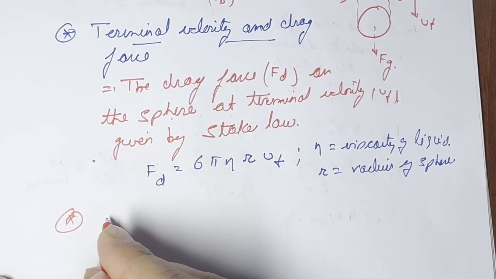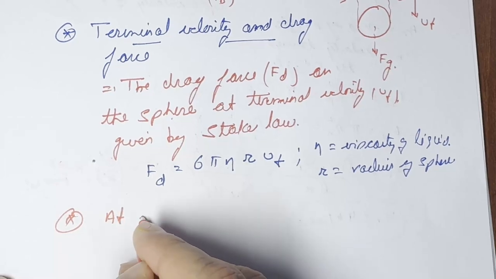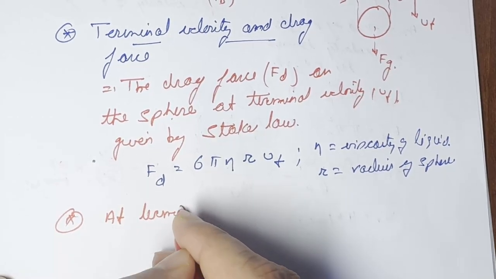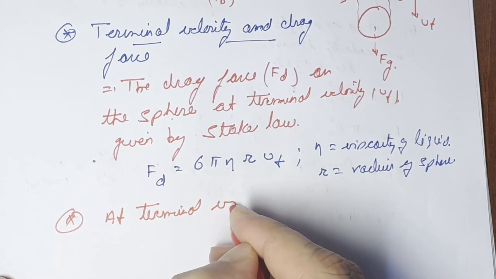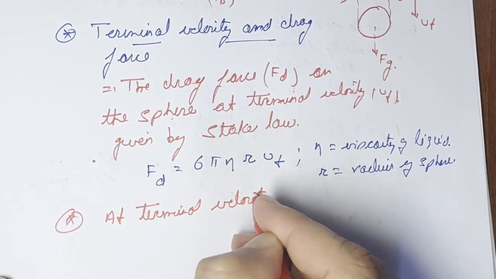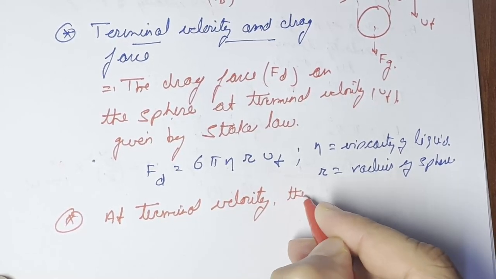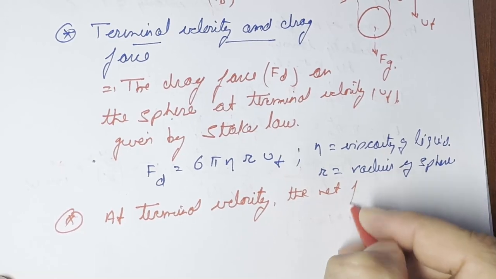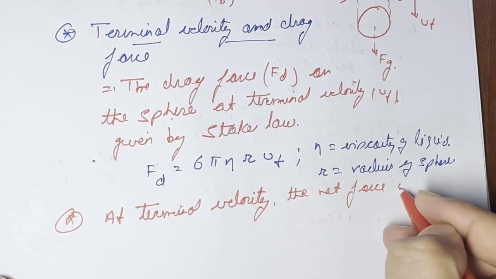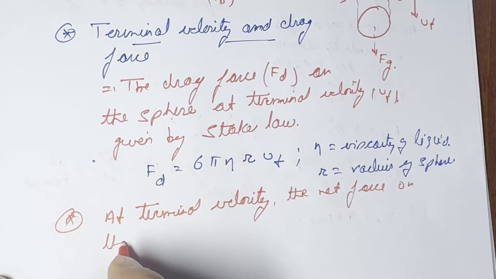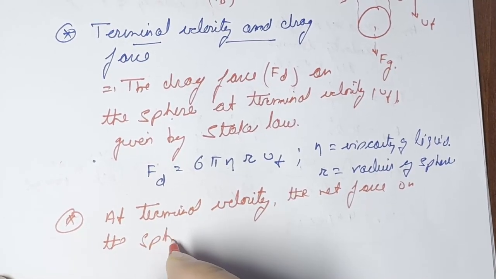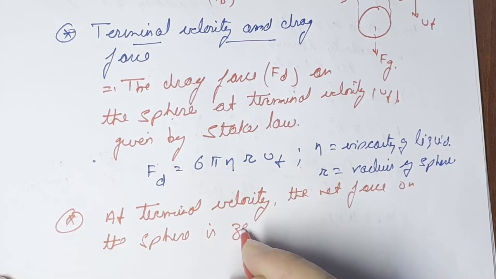So at terminal velocity the net force on the sphere is 0.